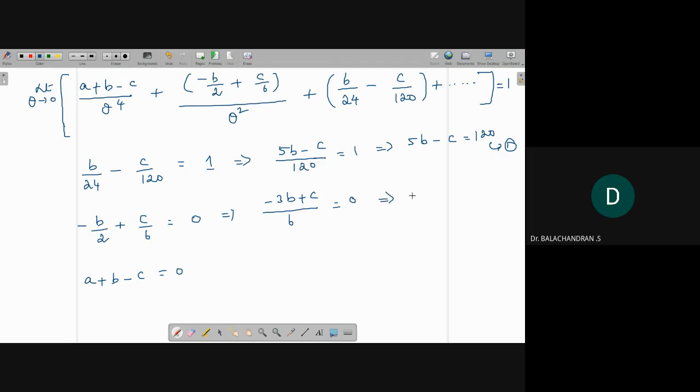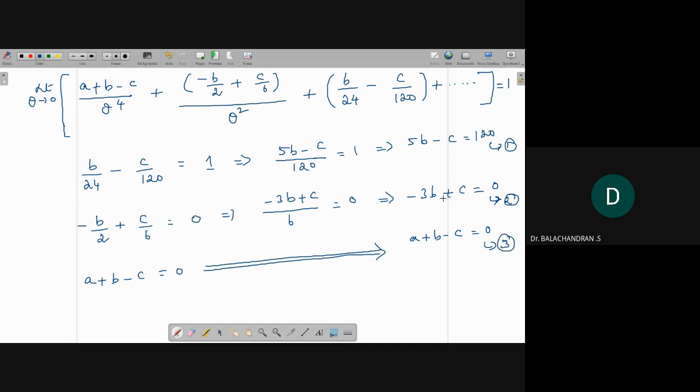This implies minus 3b plus c equal to 0. Okay, so from this, you can keep as it is, a plus b minus c equal to 0. So you have 3 equations now.